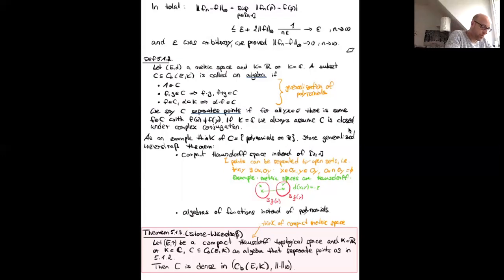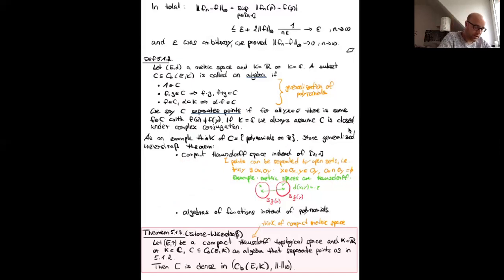So if you have 2 points, then there are open sets containing these points, so they are neighborhoods, and the open sets are disjoint. So that's how open sets can separate points. And if you can do this for all points, then this is called a Hausdorff space. Not every topological space is Hausdorff, but everything you have in mind is Hausdorff.